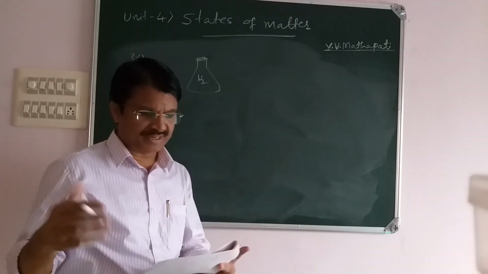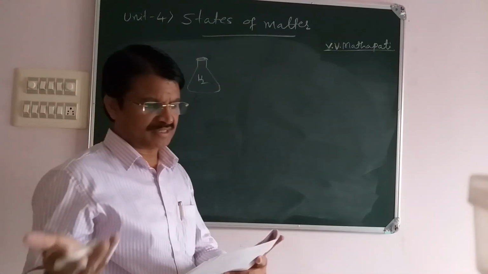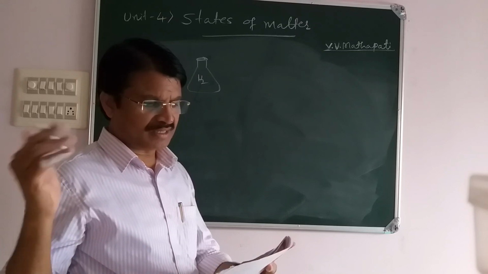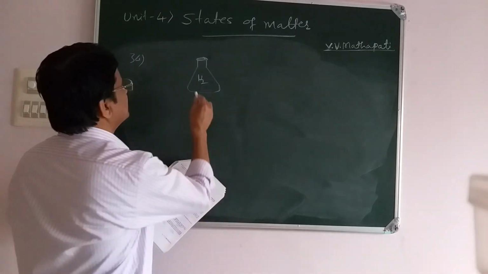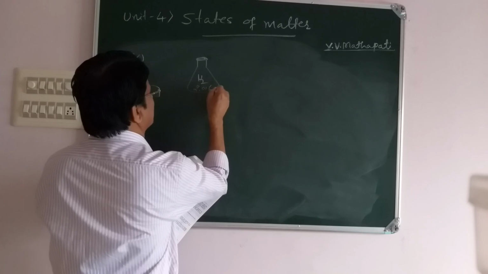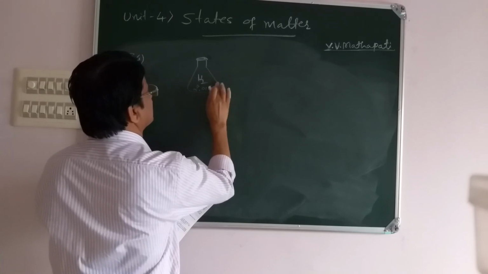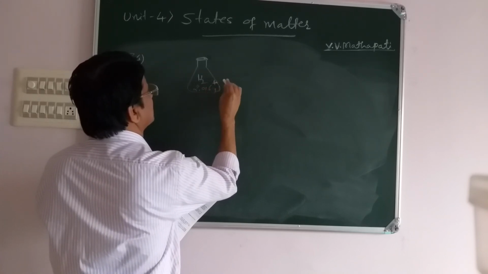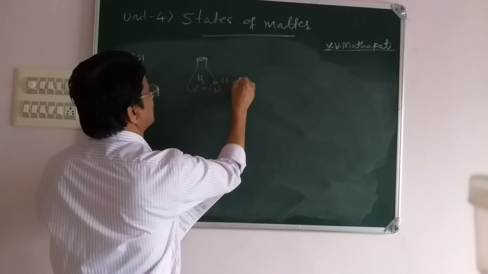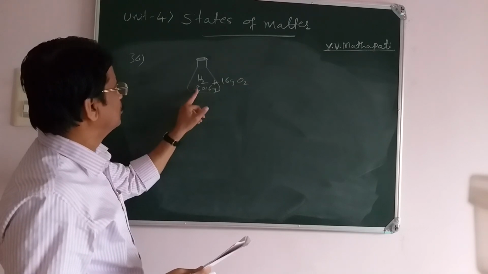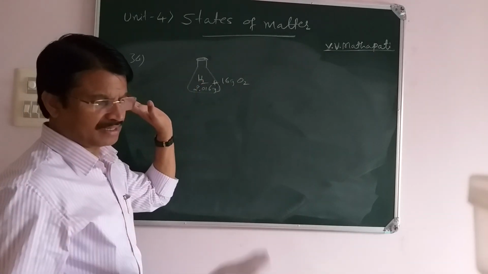The partial pressure of hydrogen in the flask containing 2.016 gram of hydrogen and 16 gram of oxygen. 2.016 gram of hydrogen and 16 gram O2. And they are asking partial pressure.